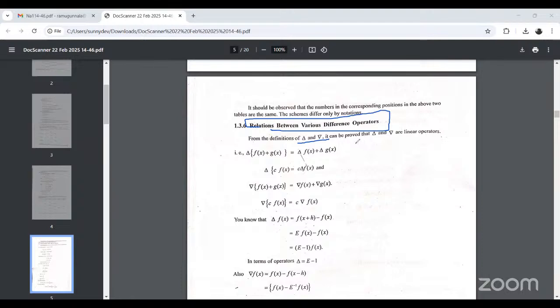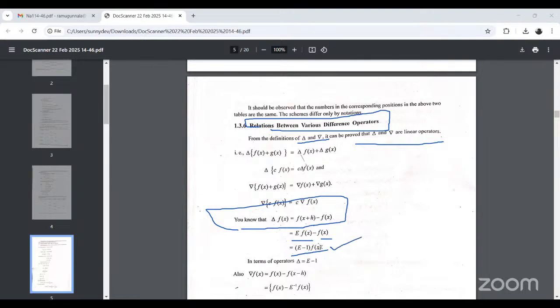We know that delta f of x equal to f of x plus h minus f of x. So f of x plus h we can write as E into f of x, minus f of x. That we can write as E minus 1 into f of x.